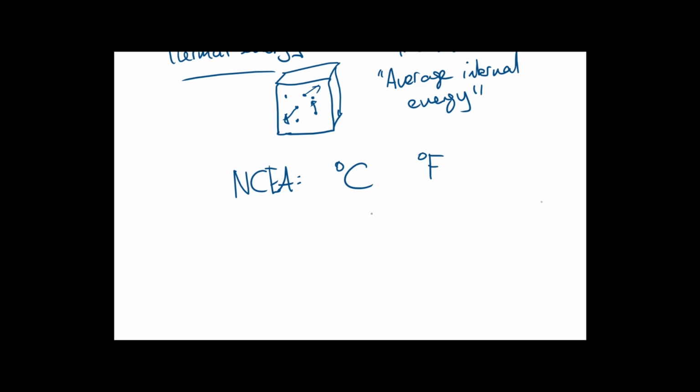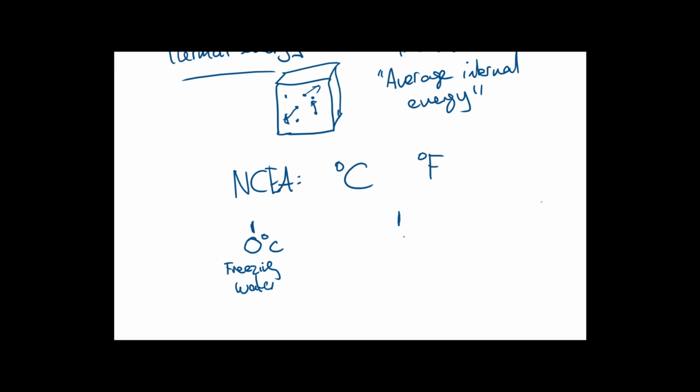The way that that's worked out is it was worked out by a guy called Mr. Celsius, and he bluntly said that we're going to set 0 degrees Celsius at the freezing point of water. So when water becomes ice, we're going to say that's 0 degrees.